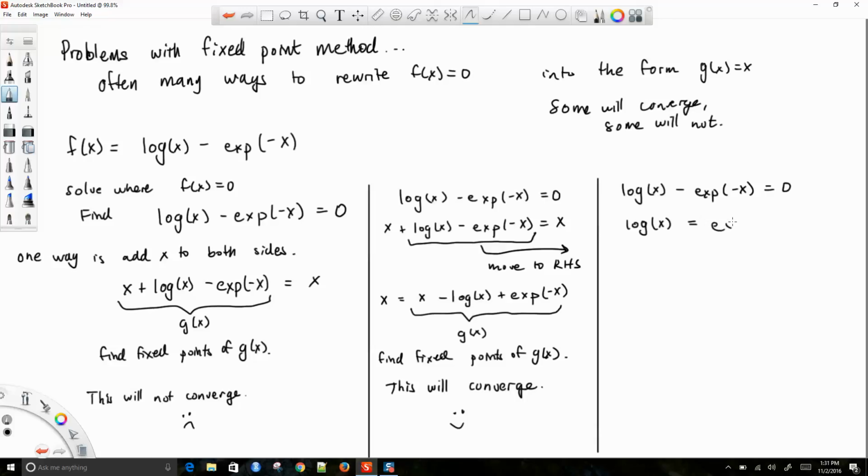So if I exponentiate both sides, then I would get x is equal to something, and then we would call this g of x, and then this will also converge.